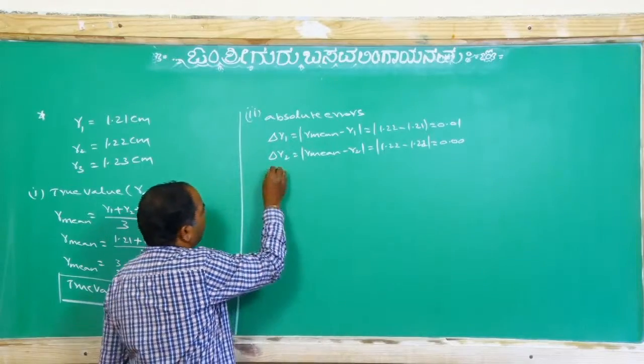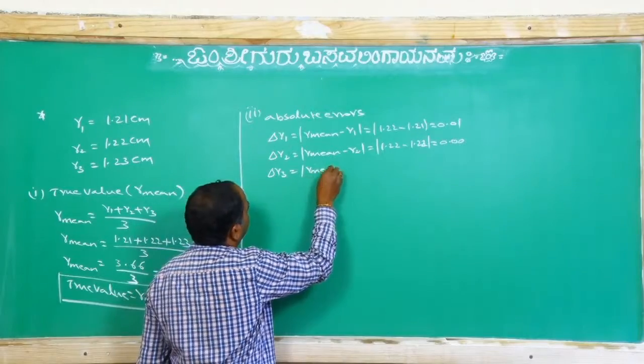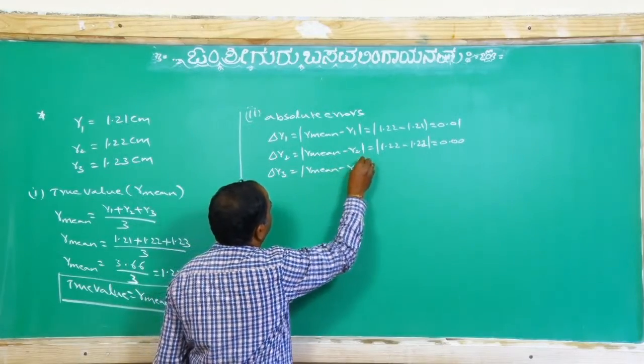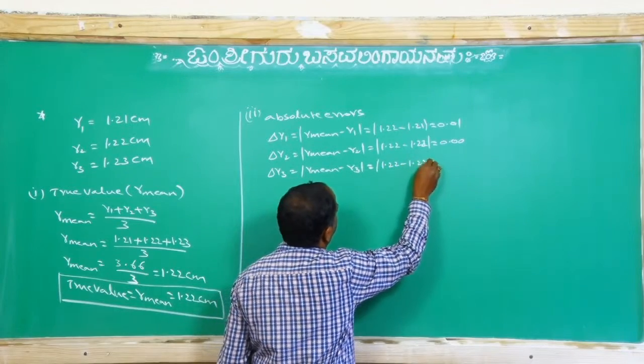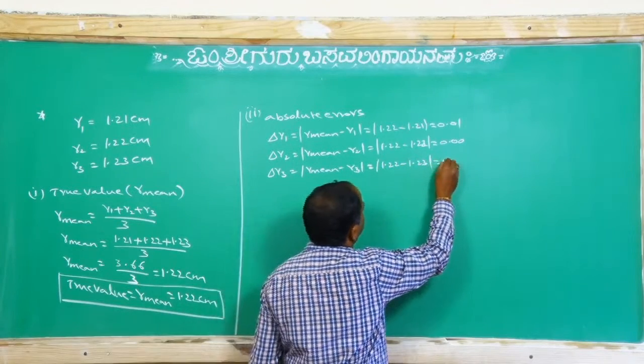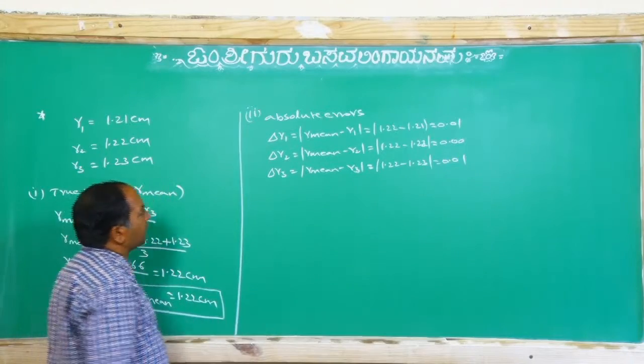Next, delta R3. Delta R3 is R mean minus R3. That is equal to 1.22 minus 1.23. Magnitude, so this is also 0.01. So, these are the absolute errors.